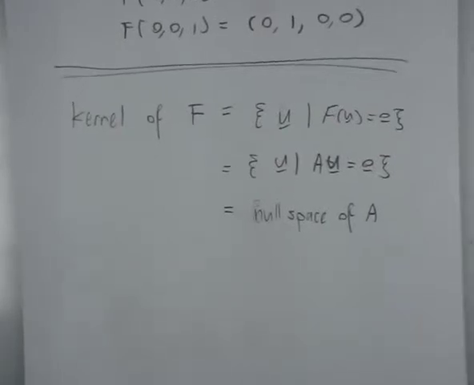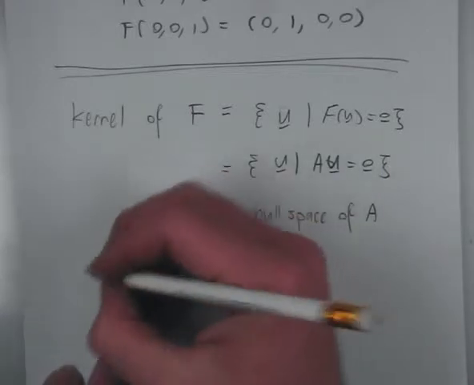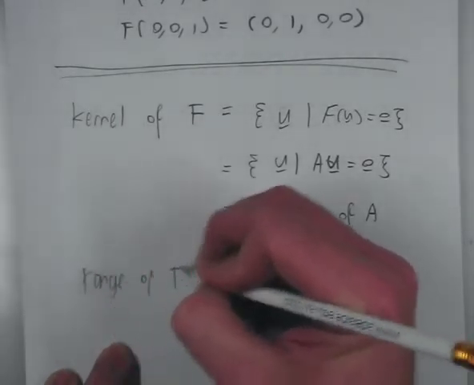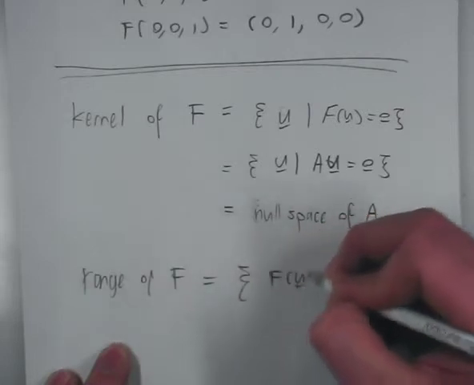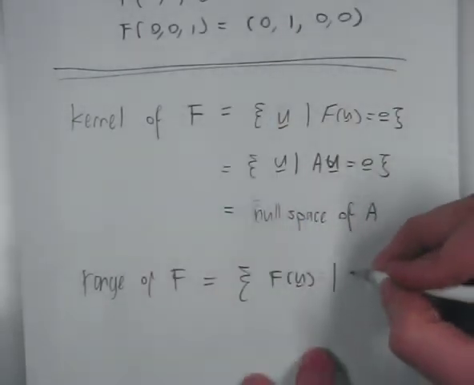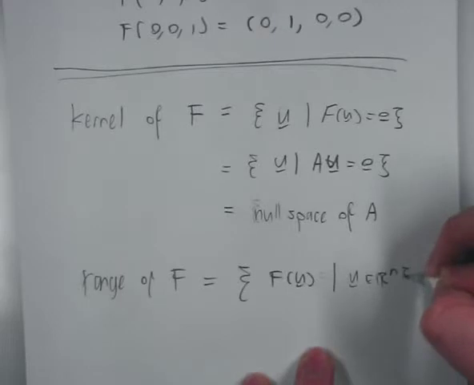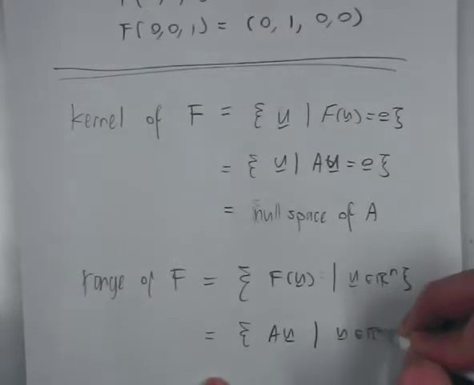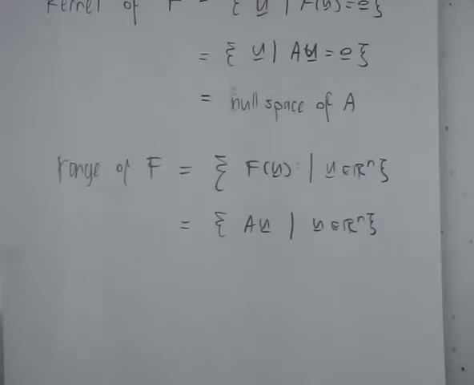Okay? And f is a function. It's not the same as A. A is the process by which we produce the answer. F is the whole concept. Okay, and the range of f is the set of things that could be written this way, and when you multiply a matrix by a vector, what you're really doing is a linear combination of the columns.